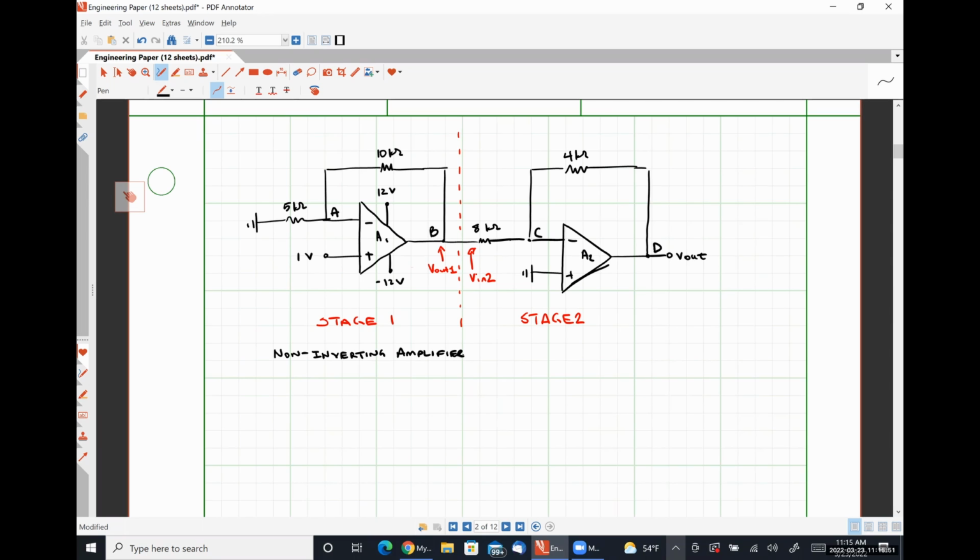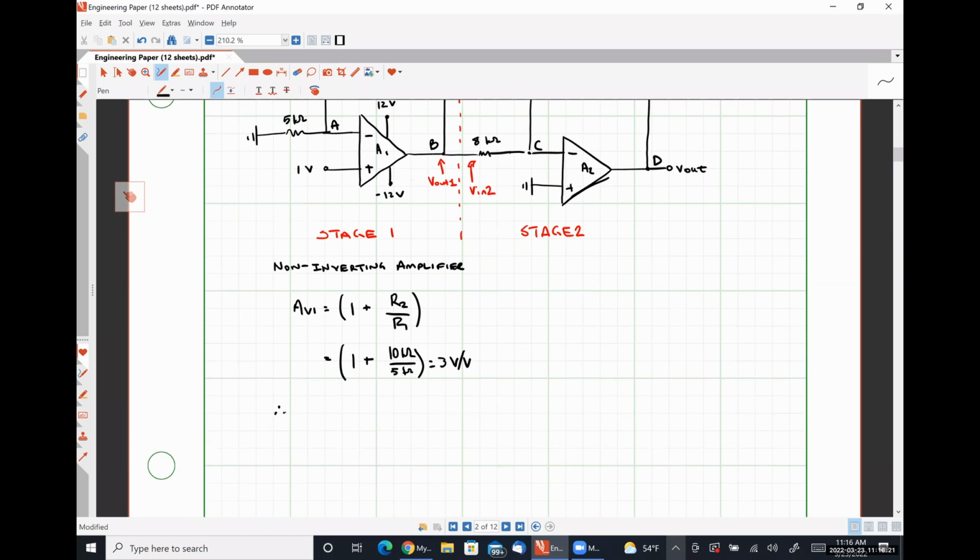which, if you recall from Monday's lecture, has a voltage gain, which I'm going to call AV1, of 1 plus R2 over R1. For this particular circuit, then, that looks like 1 plus 10 kiloohms over 5 kiloohms is equal to 3 volts per volt.